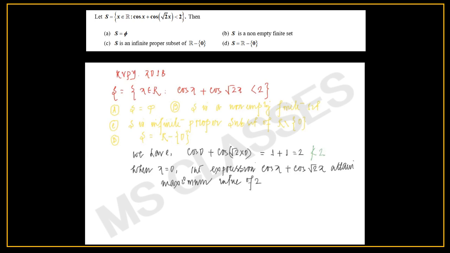We have understood that when x equals 0, it attains the maximum value. But for any other x, what will happen?